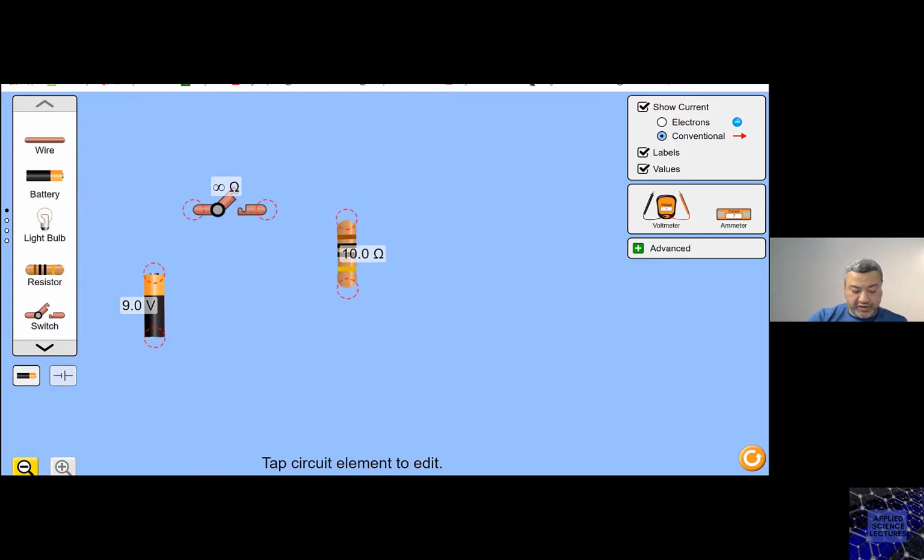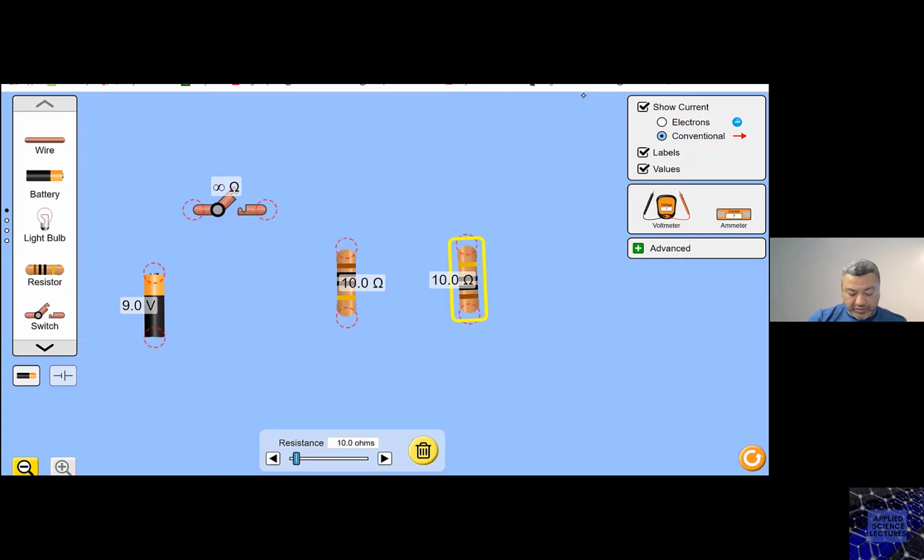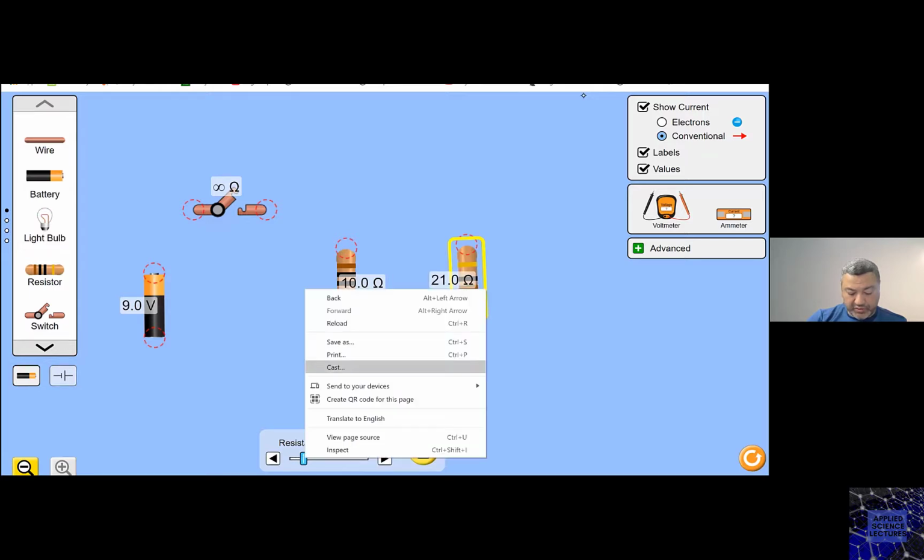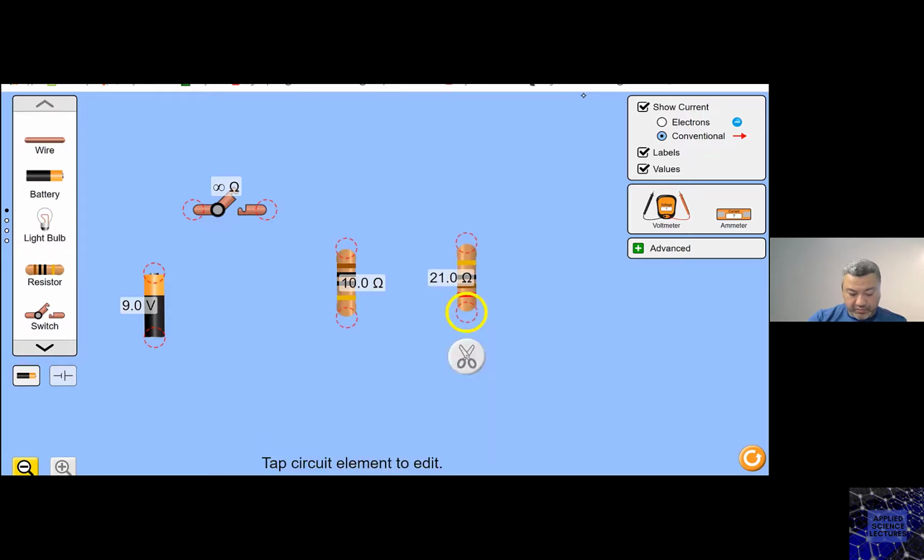You can change the orientation, and another resistor here. You can change the value. Let's put this one as 20. Notice that the color coding of the resistors changes to give you the values.